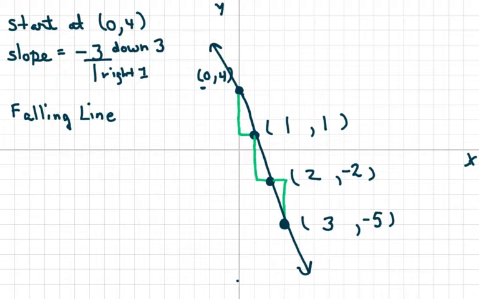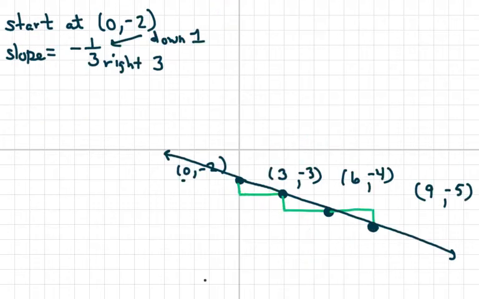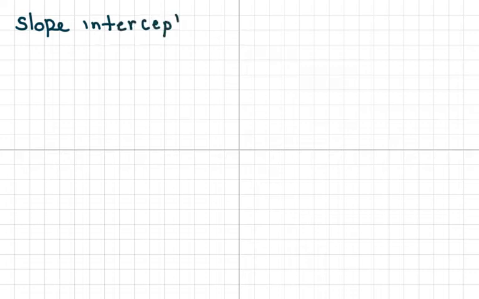So if you give me a starting point and a slope, I can plot points and graph a line for you. That's the big deal in college algebra. Okay. When they say, how do you graph a line, you're going to put it in what is known as slope-intercept form for your line.